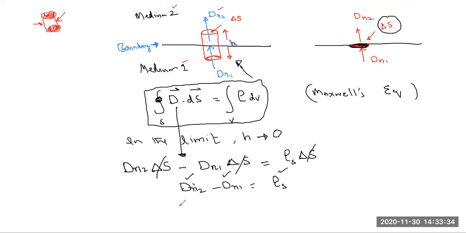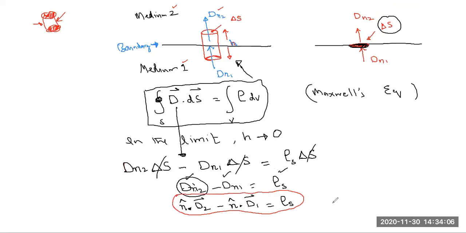So I can write this as unit vector n dot product with d2 minus unit vector n dot product with d1 must be equal to rho s. And this is our first boundary condition.